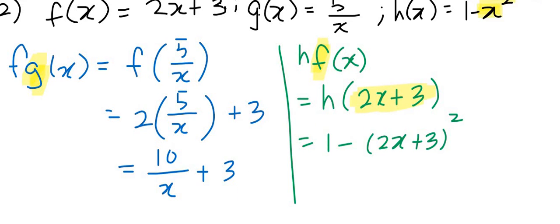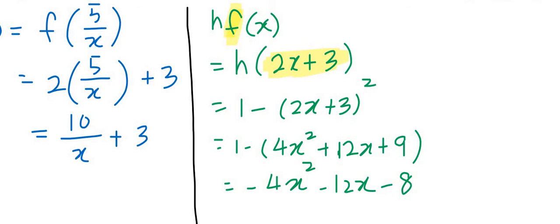That gives you 1 minus (2x plus 3) squared. So we have to expand this bracket, if you remember how. Expanding the bracket and simplifying everything will give you the final answer, negative 4x squared minus 12x minus 8.